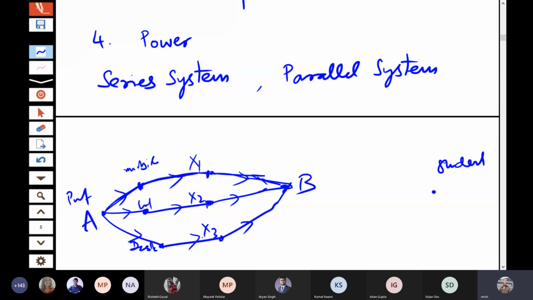This is known as a parallel system. So any engineering system is a combination of various systems which are connected in series as well as in parallel. So the reliability of the whole system will be dependent upon the reliabilities of these individual systems. So let us develop the formula for that.